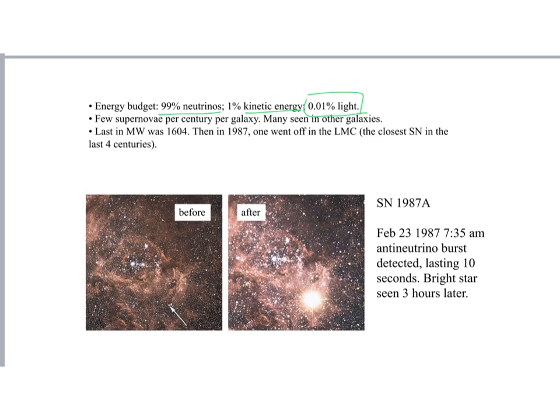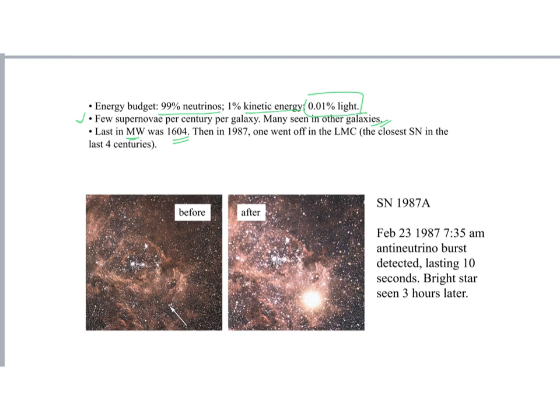Do you wonder how many of these supernovae we expect to happen out there in the universe? It turns out that there are just a few supernovae per century per galaxy. Okay, and many of the supernovae we are aware of have been seen in other galaxies. In the Milky Way, the last one that we have witnessed, or have observations and evidence for, was about 4 centuries ago.